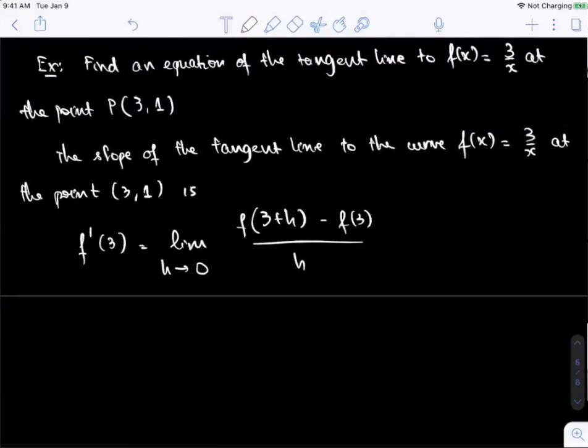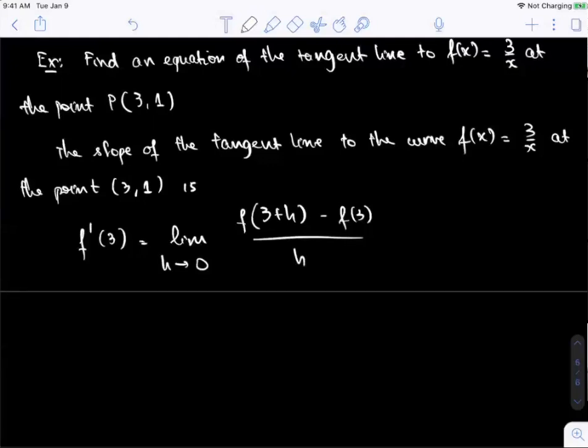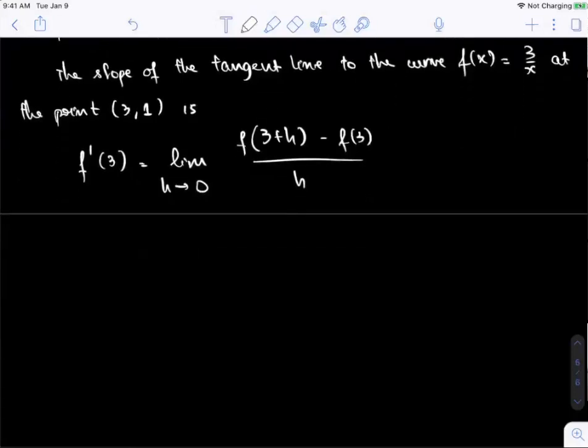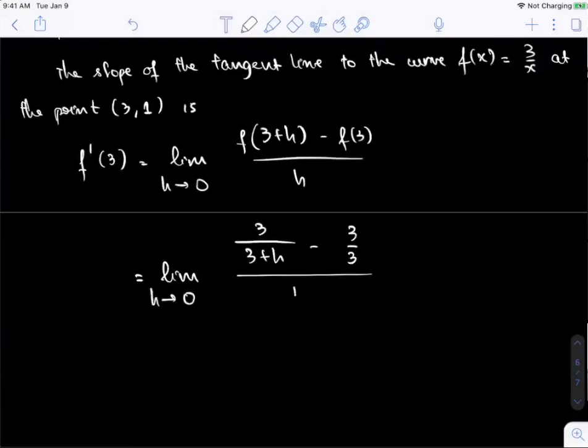So the job now is to substitute the function, f of 3 plus h and f of 3, into the formula to calculate the slope of the tangent line. The function is f of x equal to 3 over x. So f of 3 plus h is 3 over 3 plus h, minus 3 over 3, divided by h.